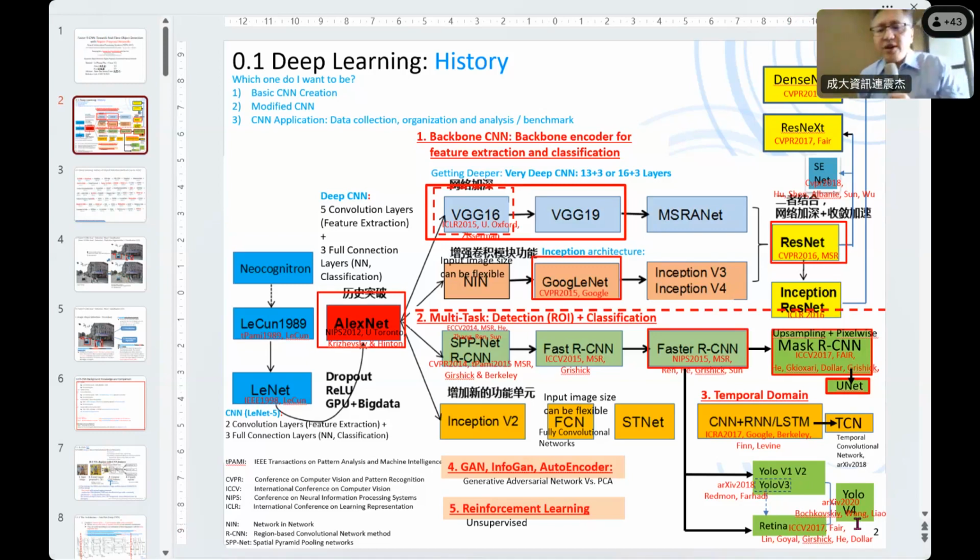So the advantage of YOLO V4, or even V5, V7, and right now V8, is that the speed is good. The detection rate and classification rate are good, but the disadvantage is that it's complicated and not easy to modify.